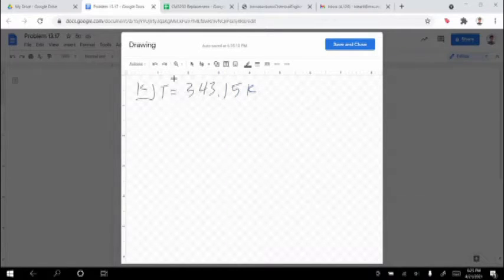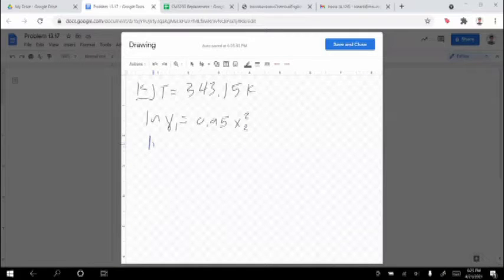We know that there's an expression for the activity coefficient, which is the natural log of the activity coefficient for 1 is equal to 0.95 x squared, and this is x2 squared, so the liquid fraction of component 2.